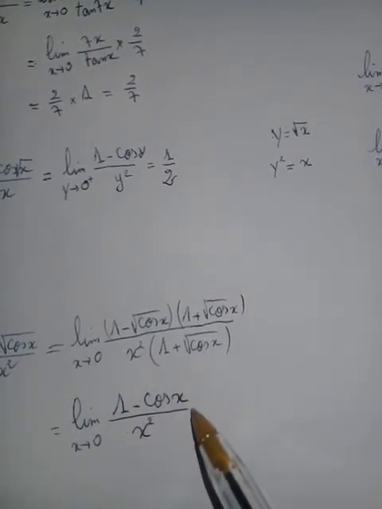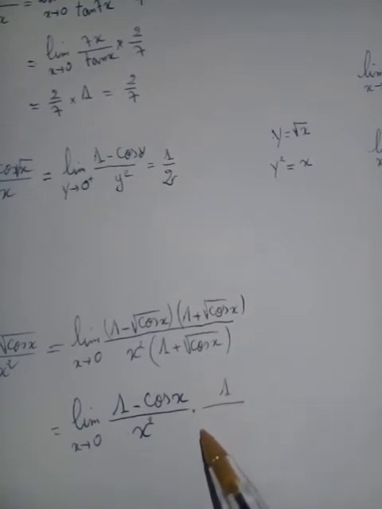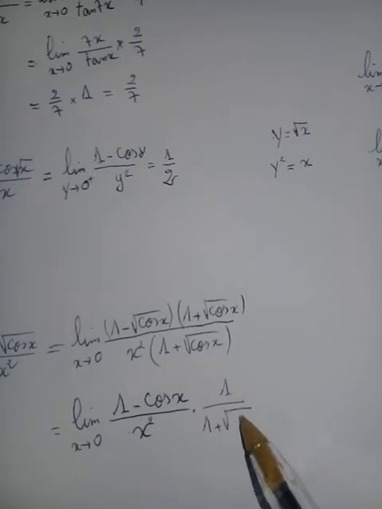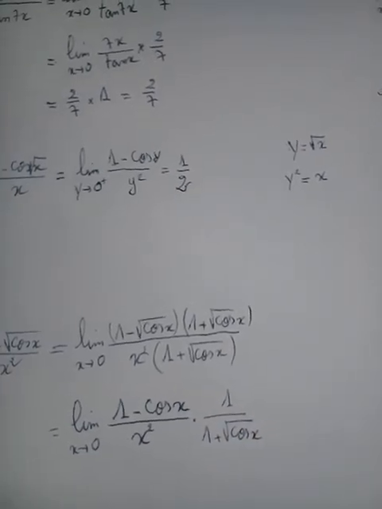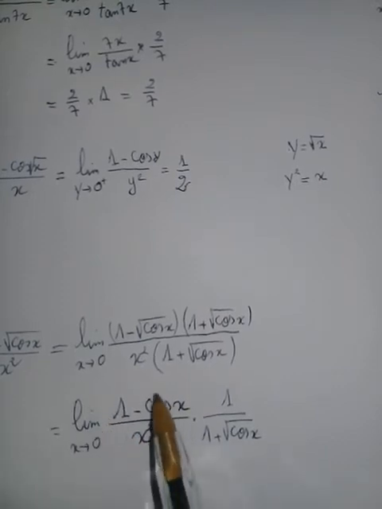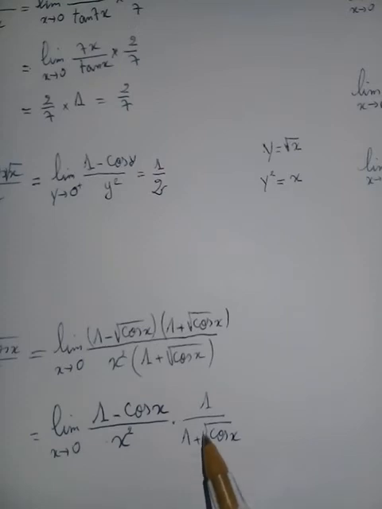So it's times 1 over 1 plus square root of cosine x. This is usual and it's 1/2, and if I put in here 0, so cosine 0 is 1, square root of 1 is 1, 1 plus 1 is 2, so this is 1 over 2.